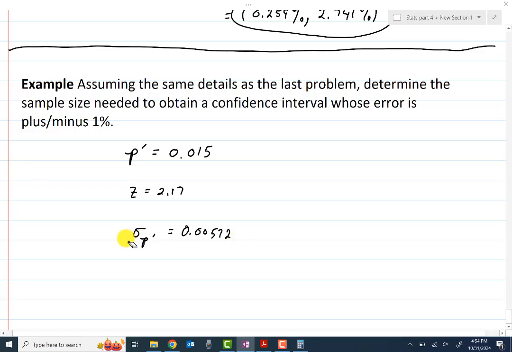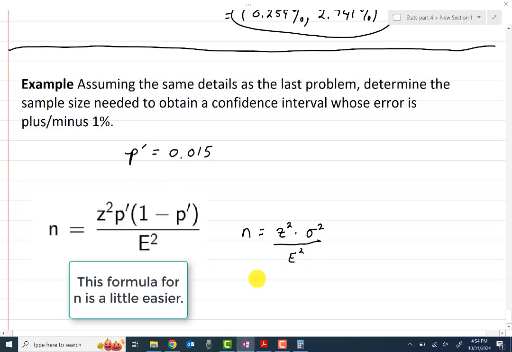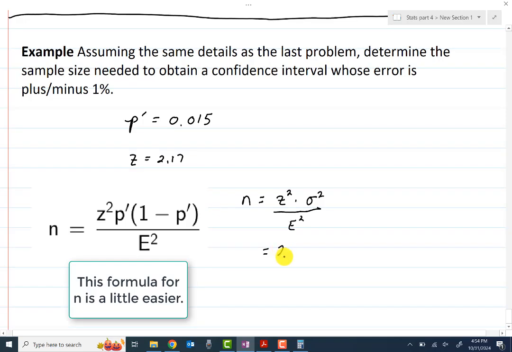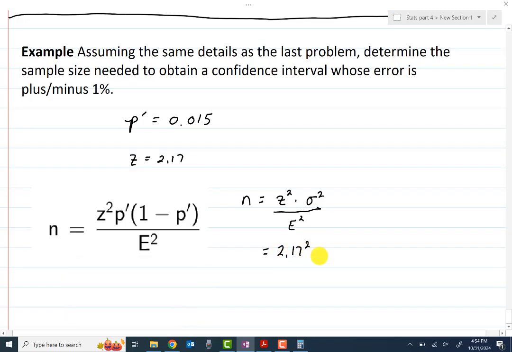Actually, that's going to change. Back here, I think I can get the formula. If we can remember correctly, the sample size n equals z squared times sigma squared, that's the population standard deviation, and then we have e squared. So z from the last problem was 2.17.